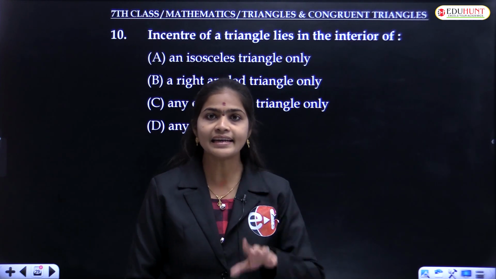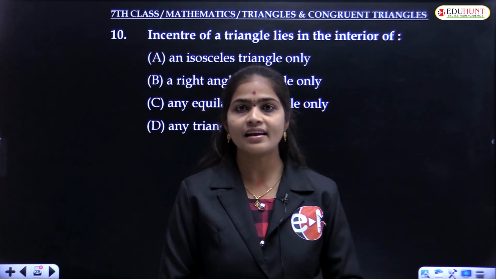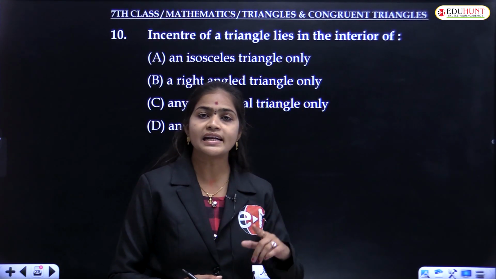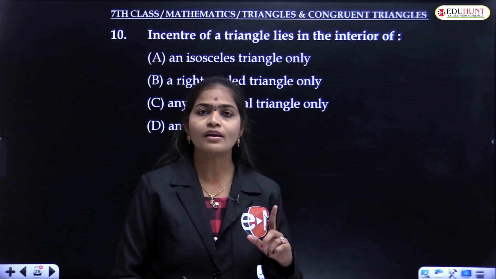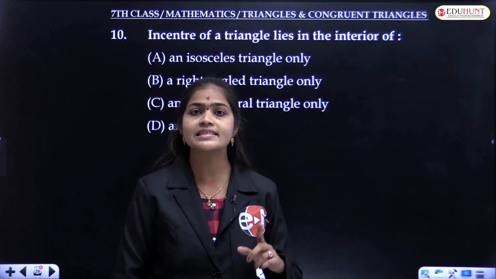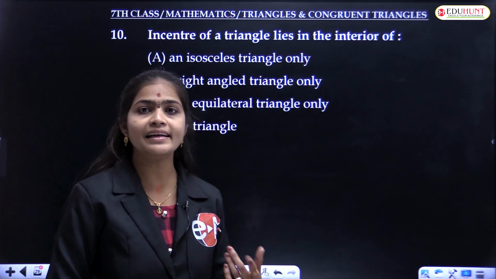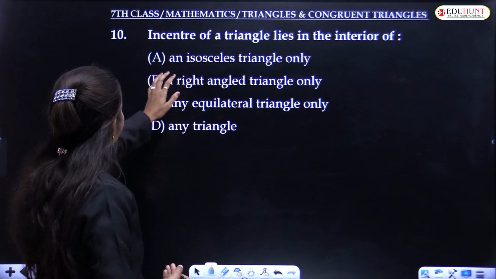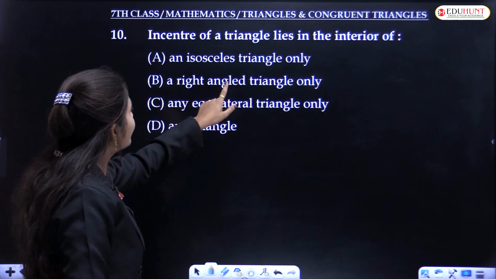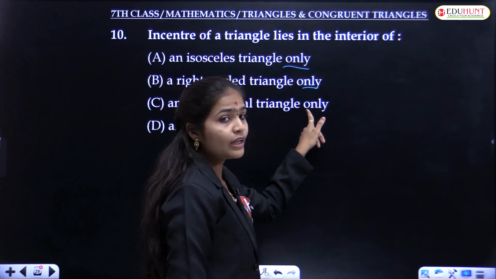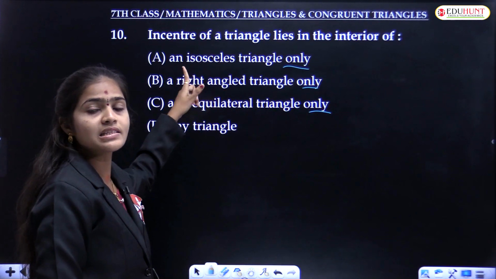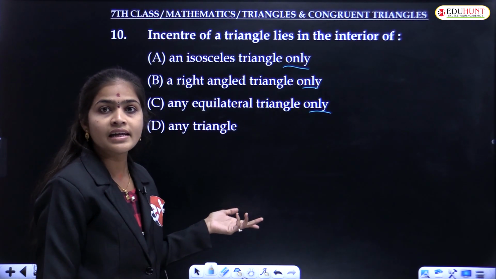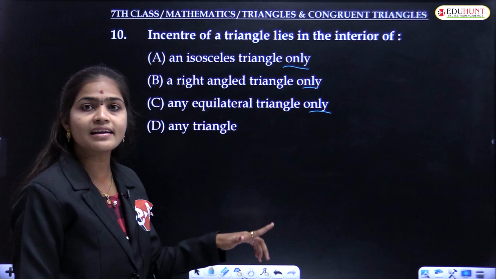In any type of triangle, the incenter always lies inside of the triangle. See what they gave in the options: an isosceles triangle only. Only means only in an isosceles triangle would the incenter lie inside, but I told you that in any type of triangle the incenter lies inside.